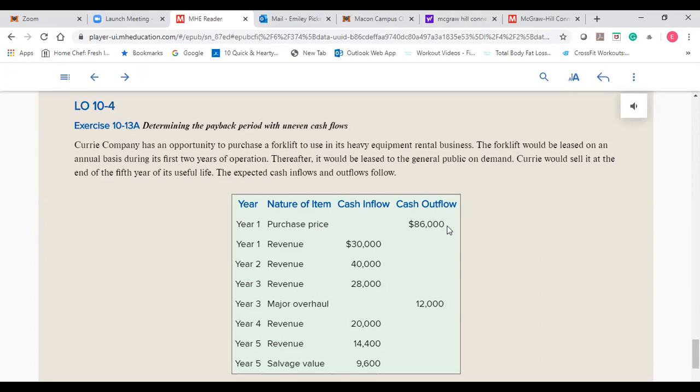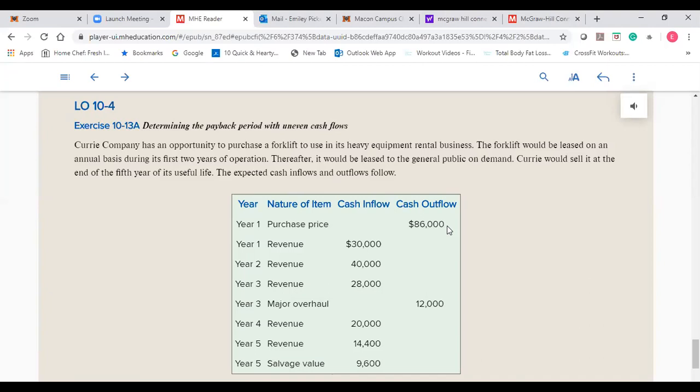Year three, you have revenue of 28 for cash inflows, I should say, but you had a major overhaul of 12,000. So I'm going to add that back because that's a cash outflow. So that equals 0. So at the end of year three, you have basically broken even. You've paid for your $86,000 piece of machinery. Does that make sense to everybody?